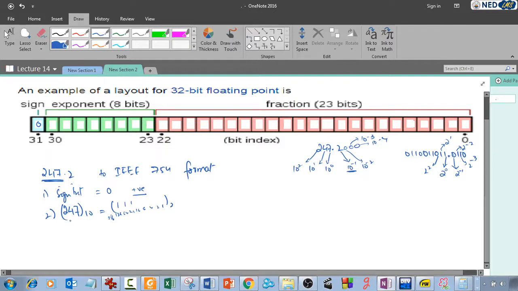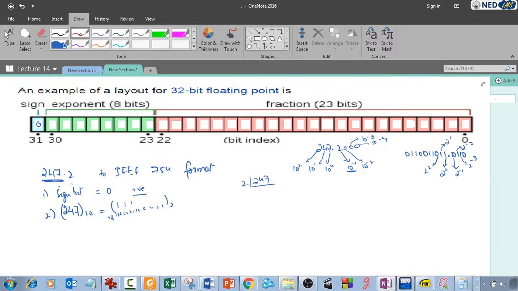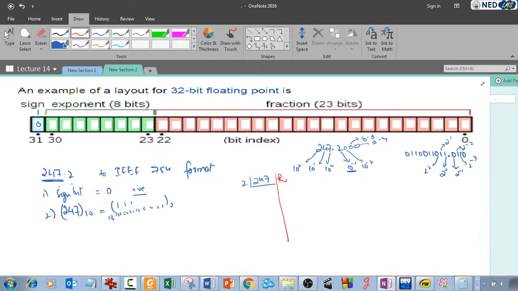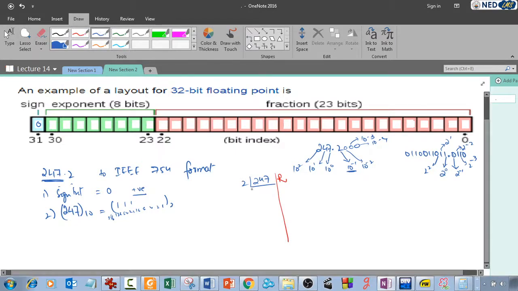So we need to convert this 247 to binary. There is another method known as the repeated division method. We divide 247 by 2, and we keep track of the remainder. 123 into 2 is 246, so the remainder would be 1.